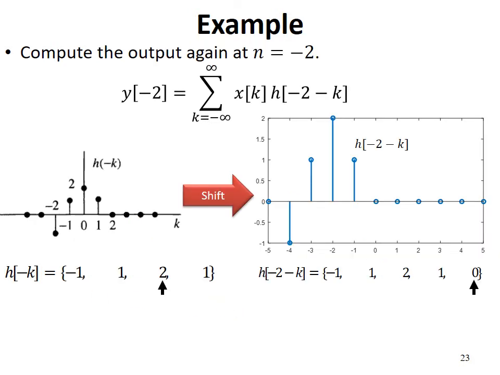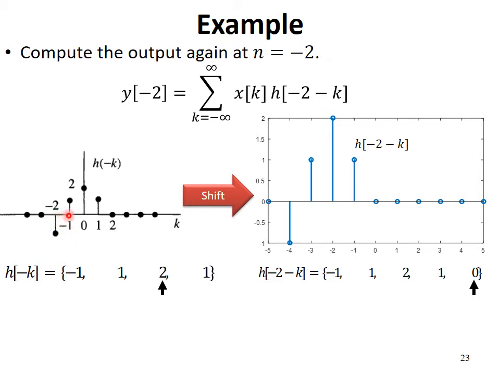Now let us choose the value of n equal to -2, right? So now x of k would be multiplied with h of -2 minus k, right? So h of minus k would be shifted towards left by 2 units, or it would be time advanced by 2 units. So the sample which is at -2 would be at -4.